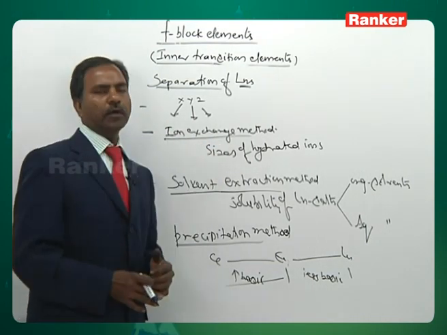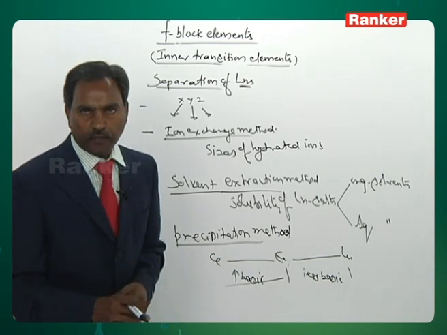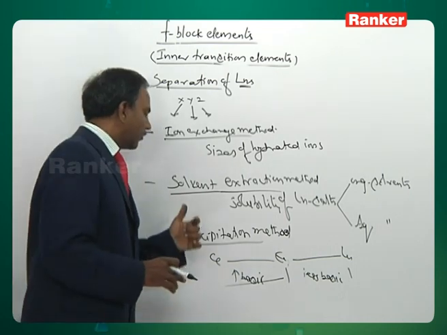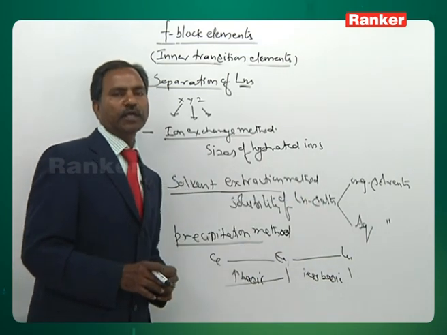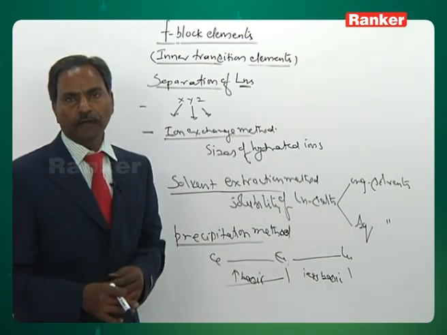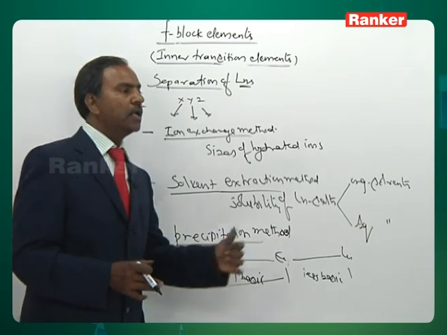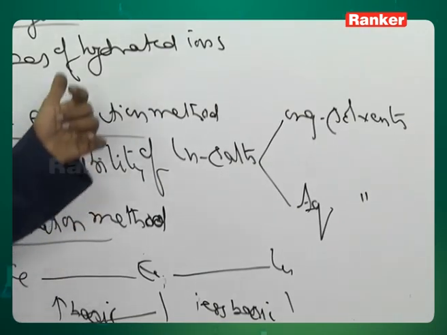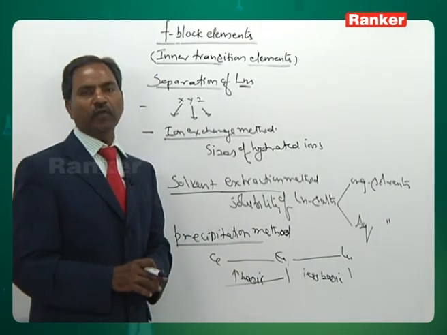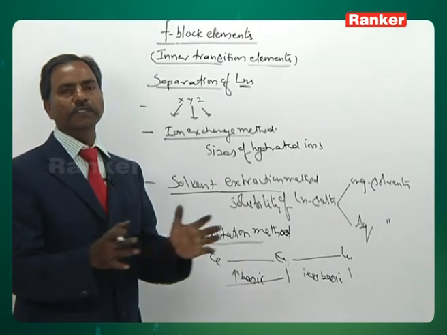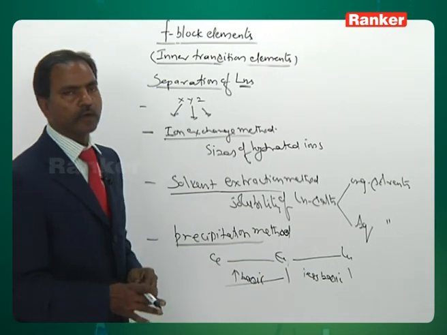The ion exchange method is dependent on the sizes of hydrated ions, and the solvent extraction method is dependent on the solubility of lanthanide salts, whether in organic or aqueous solvent. Some salts are highly soluble in organic solvent, some more soluble in aqueous solvent, and based on their solubility we can separate one from the other.